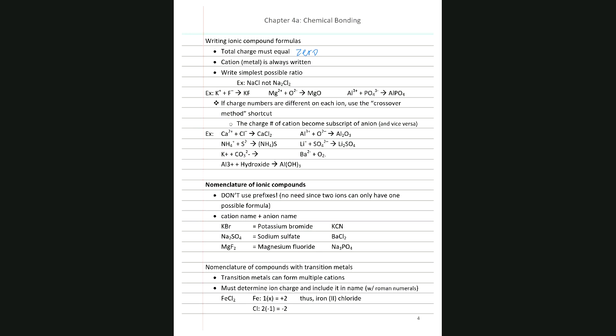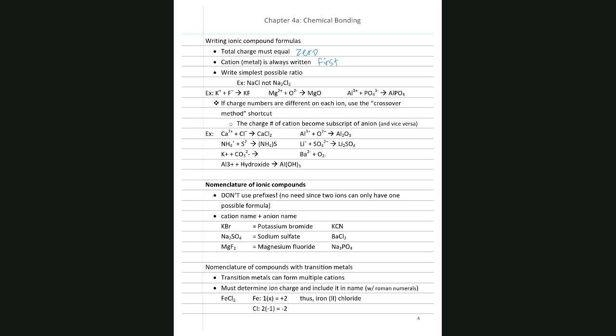They have no charge. Another rule for writing ionic compound formulas is that the metal is always written first. The cation or the metal is always going to be written first, and then the anion is written second.